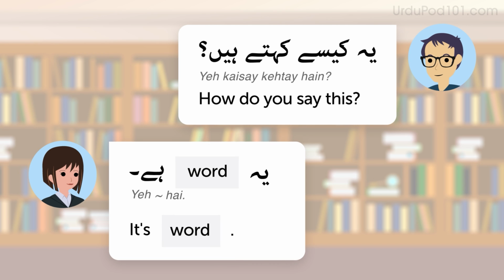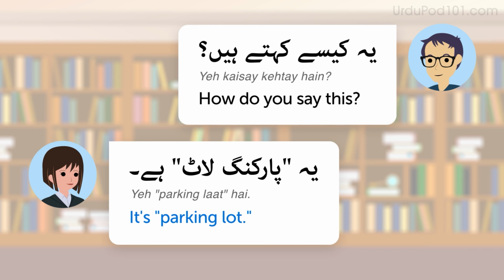The pattern is, ये word है. This Urdu sentence literally translates into, this word is, but it means, it's word in English. For example, it's parking lot. ये पार्किंग लॉट है.